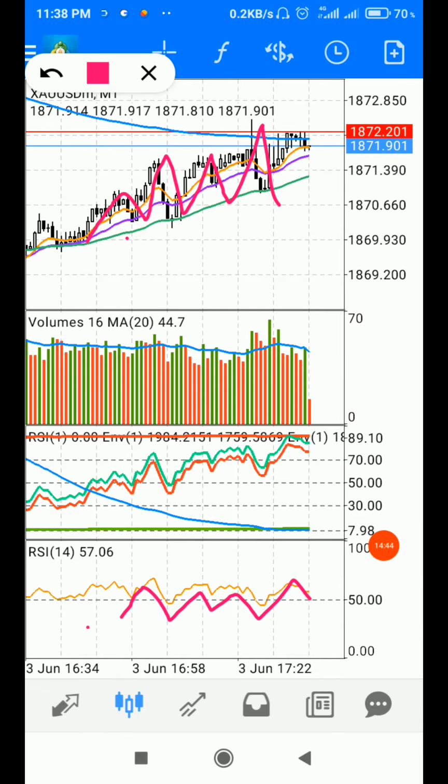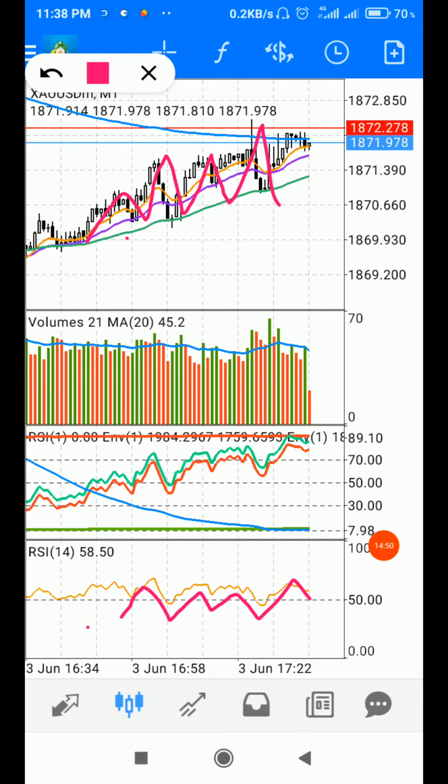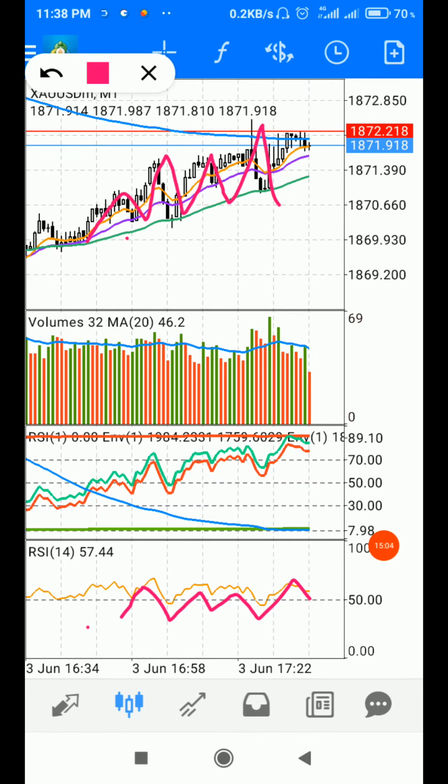This is the RSI indication right now. So as I told you, divergence means the trend is over. Divergence means the anti-trend, or divergence means the changing of direction.